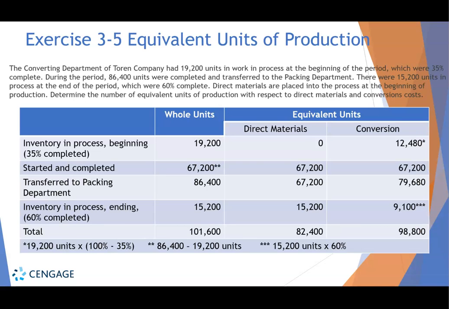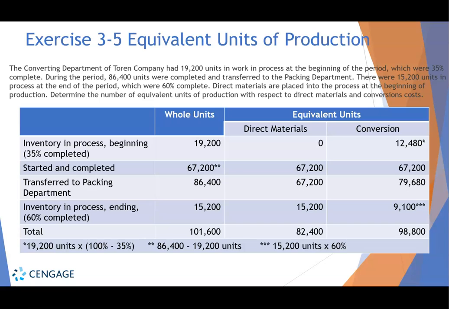So in order to figure this out, we start with the whole units, and then we'll break it down for the equivalent units. In terms of equivalent units for direct materials, it's 100% because it told us the direct materials were added right away at the beginning.